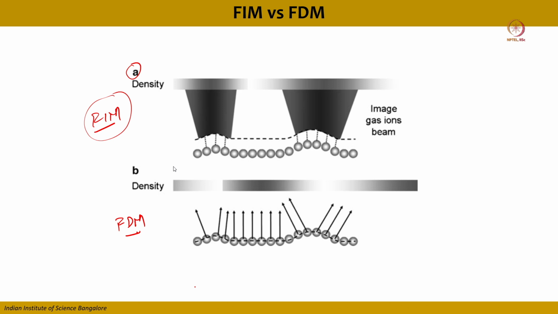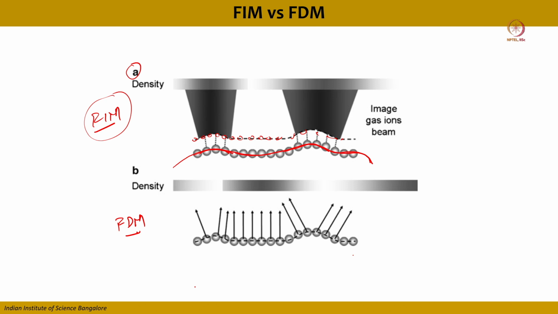You can see the atoms arranged on the tip surface, and there is a local curvature. Here the curvature is large, here the curvature is small, and here again the curvature is large. And these are the gaseous atoms in the ionization zone above the tip surface.